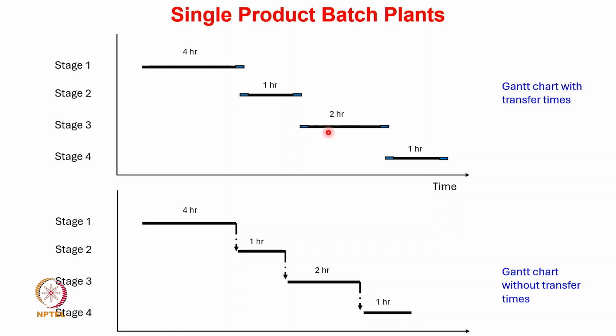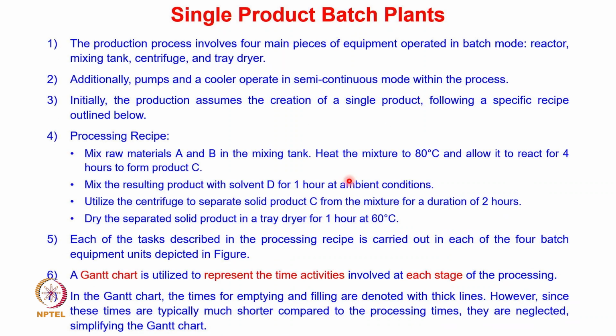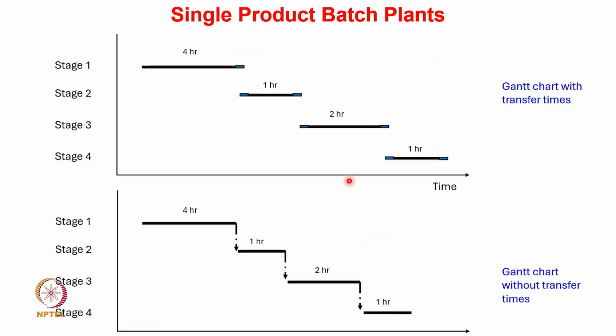From the mixing tank, it goes to the centrifuge, where it takes around 2 hours, and from the centrifuge it goes to the tray dryer, where around 1 hour is taken. So we have neglected these transfer times, and the new Gantt chart is shown here. With respect to the different stages, how they are performed with respect to time is shown here.